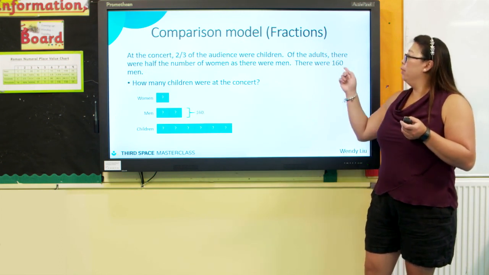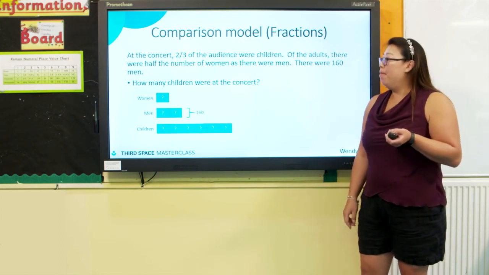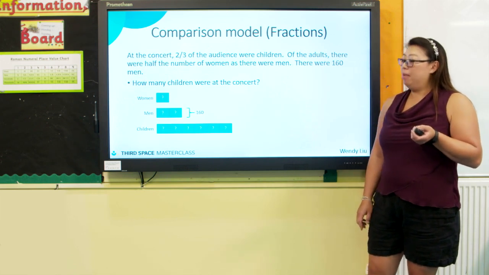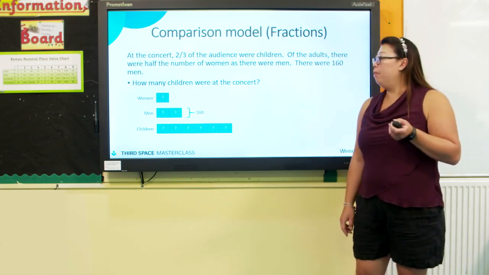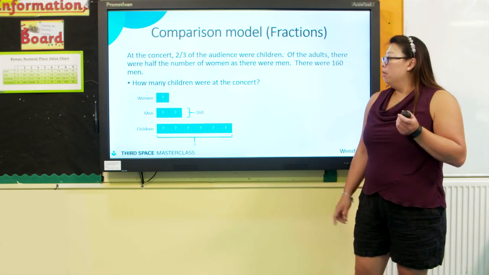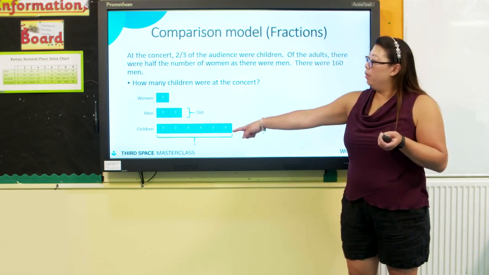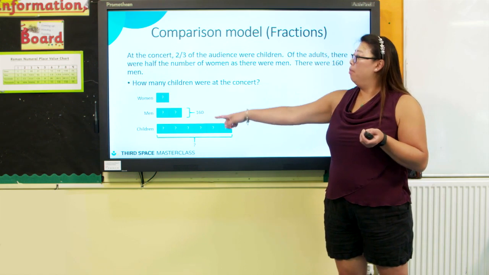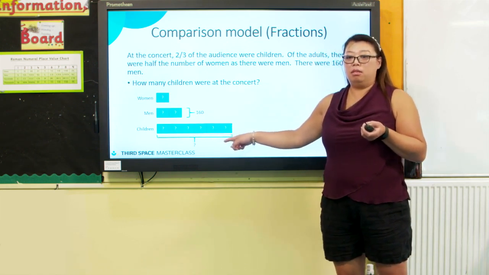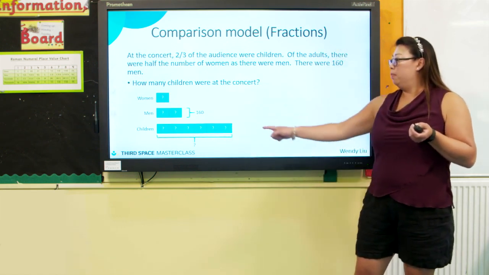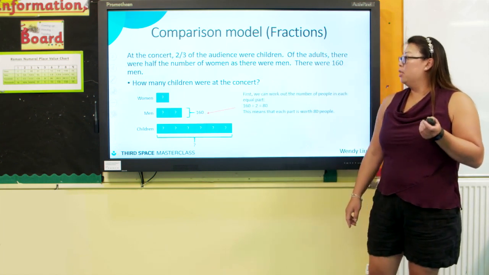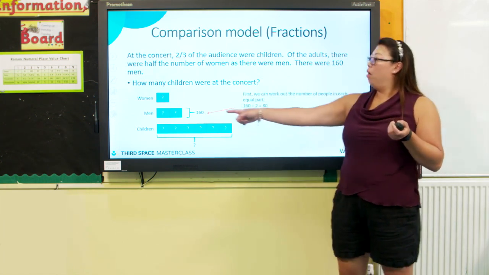We also know that there were 160 men altogether. So from here it becomes really obvious how you can work out the part sizes. The question that we need to find out is how many children were at the concert, which is this bar here. So we can work out what each part represents.